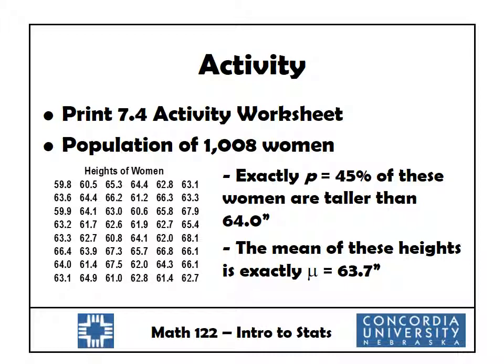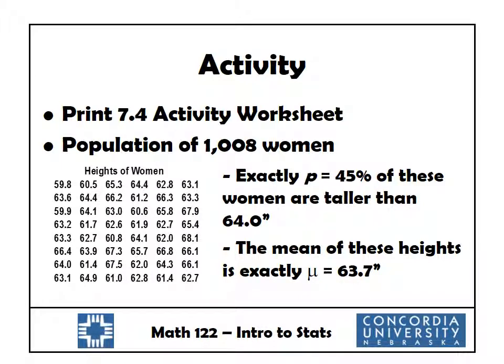One other thing that's true about these heights is that the mean is exactly 63.7. Now, how do I know that? Well, because I added up all 1,008 of these numbers, divided by 1,008, and we came up with exactly 63.7. Just take my word for it. So this number is the exact value of our population mean.